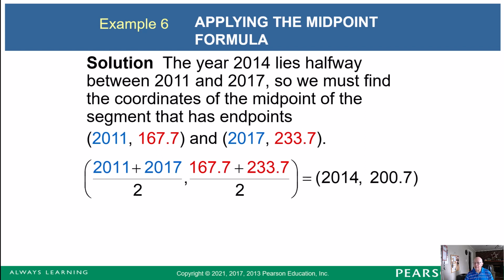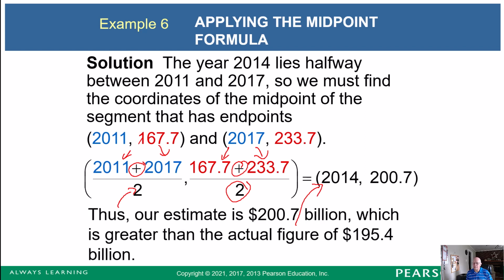Notice that these are the x coordinates. You're adding them, and then dividing by 2 to get the first coordinate. And in this one, here are the y coordinates. You're adding them, dividing by 2, and that's your estimate for what the sales figures were in 2014. It's not quite the same, but it's not too far off.